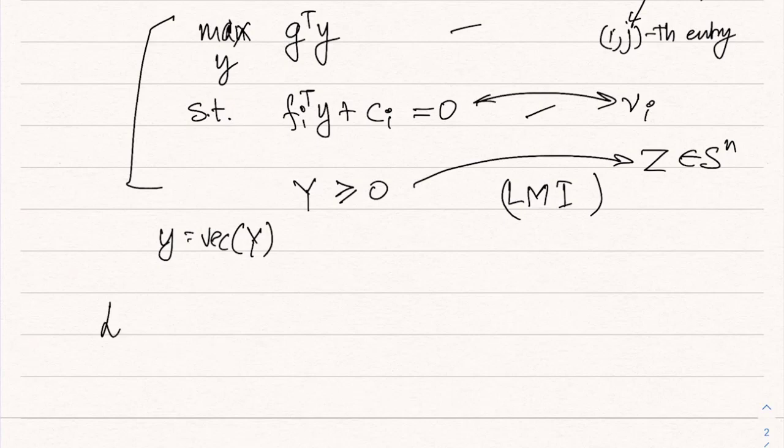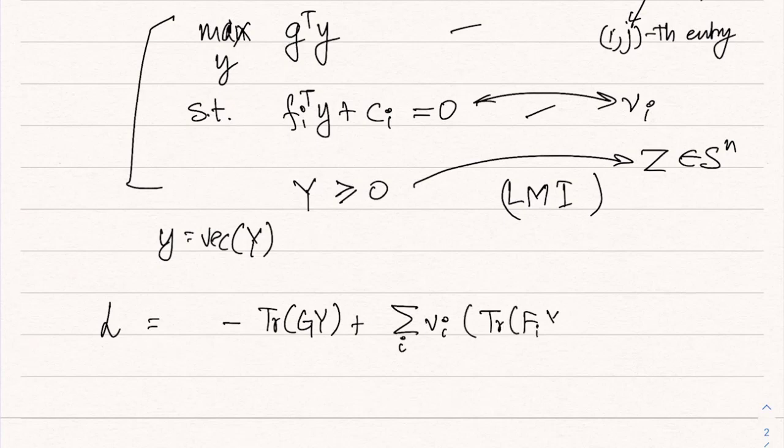Then what is the Lagrangian? Let's write it as a minimization problem. The Lagrangian will be minus trace of GY plus summation over i of nu i times (trace of Fi Y plus ci) minus trace of ZY.